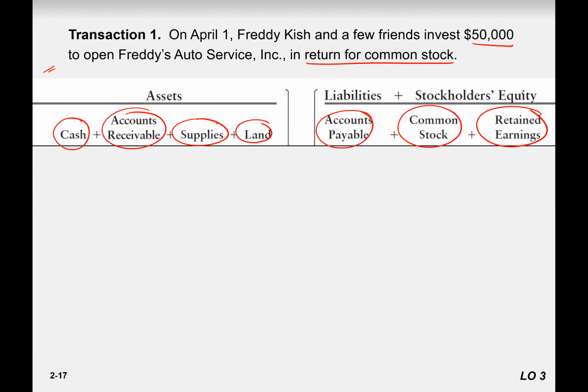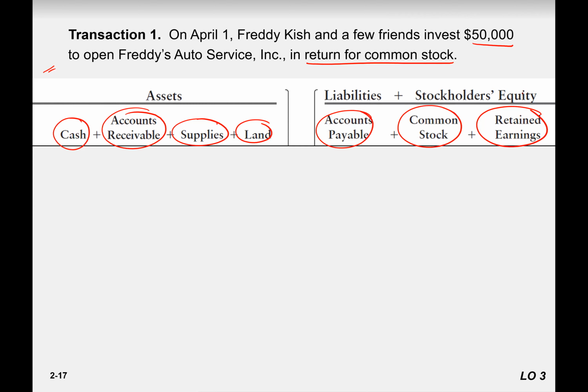In a transaction, what we learned is that it must have 2 things, giving and receiving, right? So it must affect 2 accounts. Understand? I'm repeating this one.